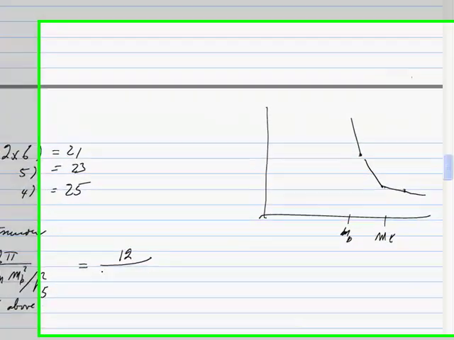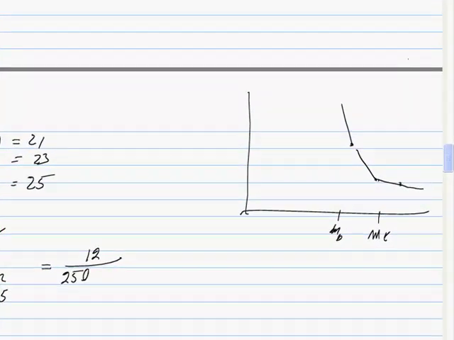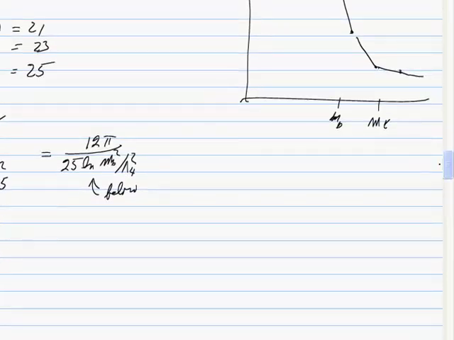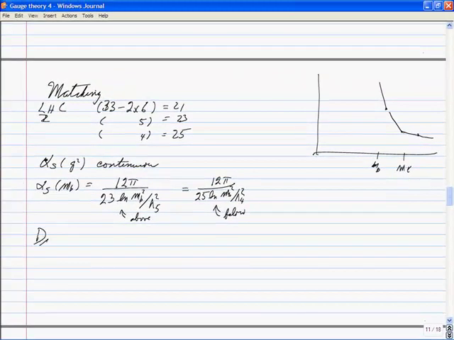It's also then treated from below, 12 pi over 25 log MB squared over lambda 4 squared. For those to be continuous, you have to use different lambdas in different regimes.